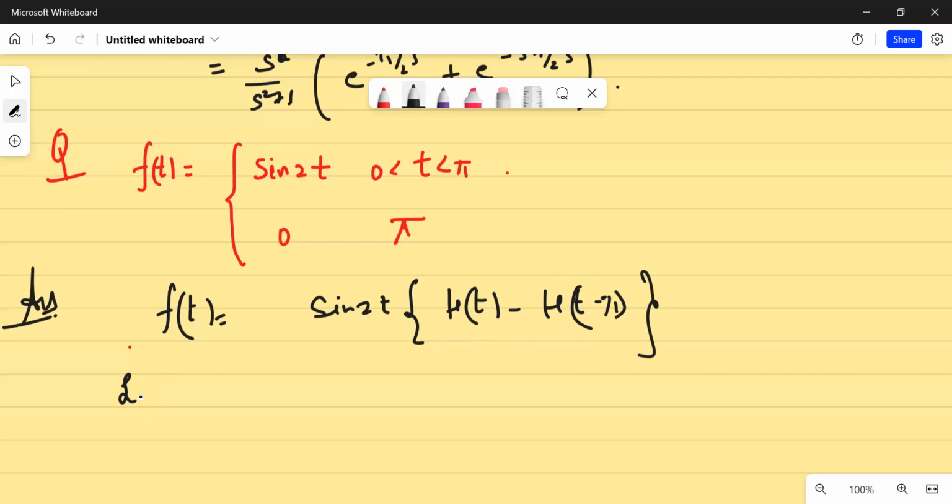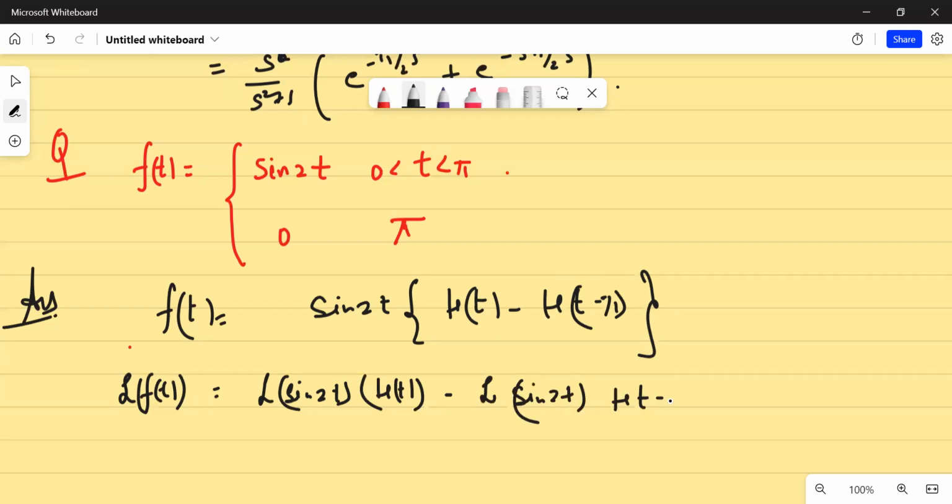Okay? And if you want to find the Laplace transform of f(t), it will be equivalent to finding the Laplace transform of sin 2t into h(t), and then minus the Laplace transform of sin 2t into h(t minus pi). And this would be equal to e to the power minus 0s, that is 1, times the Laplace transform of sin 2t. What is the Laplace transform of sin 2t?